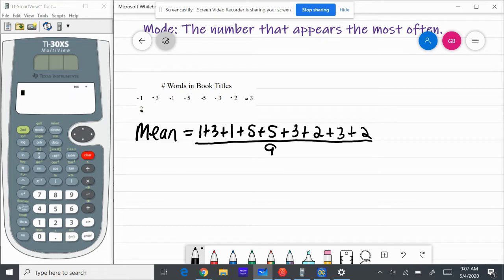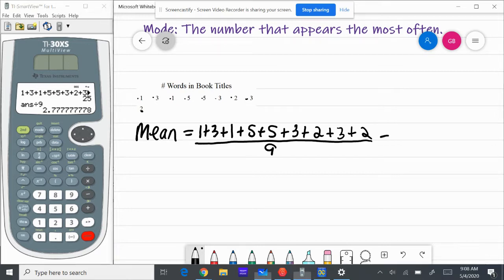Okay, so we have 1 plus 3 plus 1 plus 5 plus 5 plus 3 plus 2 plus 3 plus 2 equals, so that's 25 divided by 9, and then just go ahead and round to 2 decimal places.